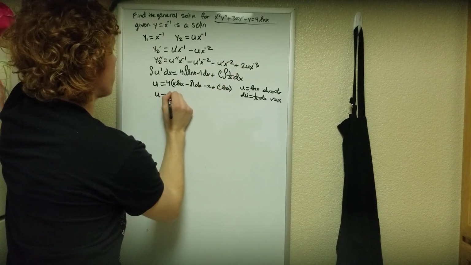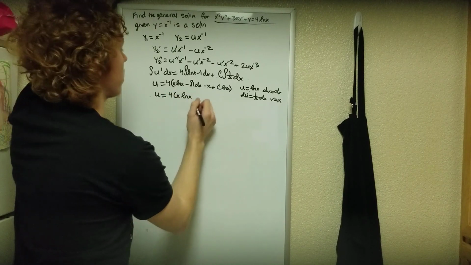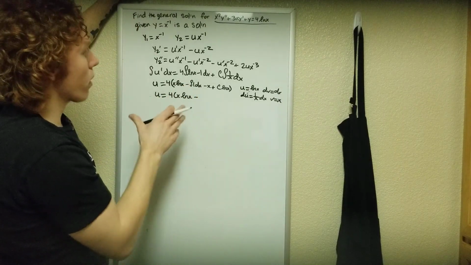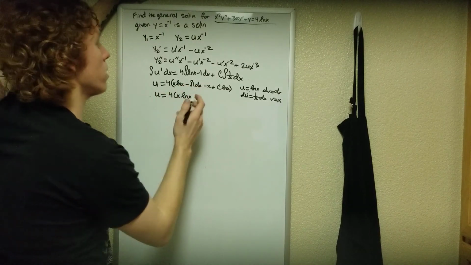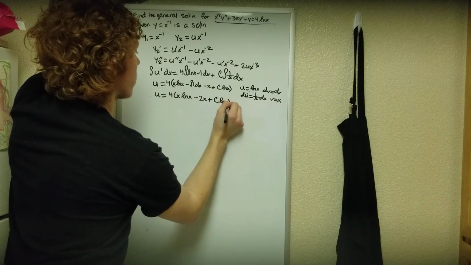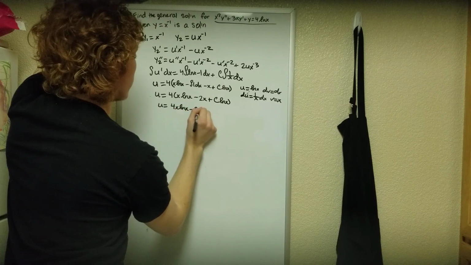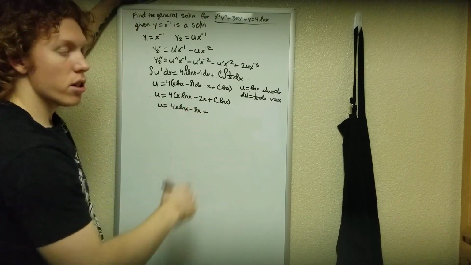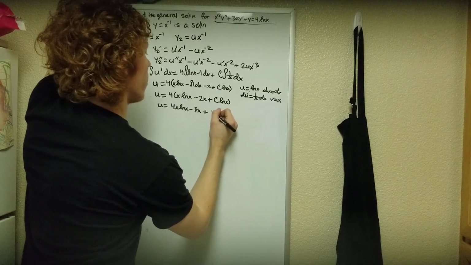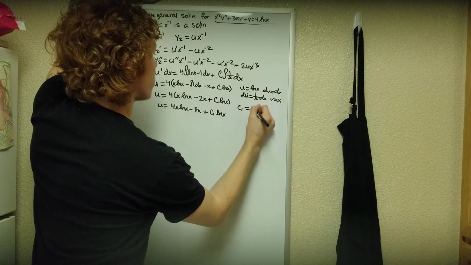So u ends up being 4 times a quantity x natural log of x minus, and 1 just becomes x, so I'm going to combine this value and this value, so minus 2x plus c natural log of x. So u ends up being 4x natural log of x minus 8x plus, now 4 times c would simply be another constant, so I'm going to leave that there and rename it as c1, and note that c1 is equal to 4c.